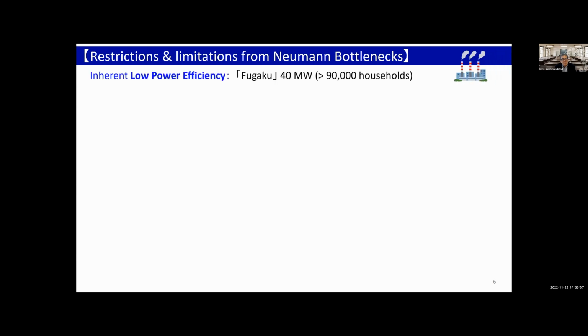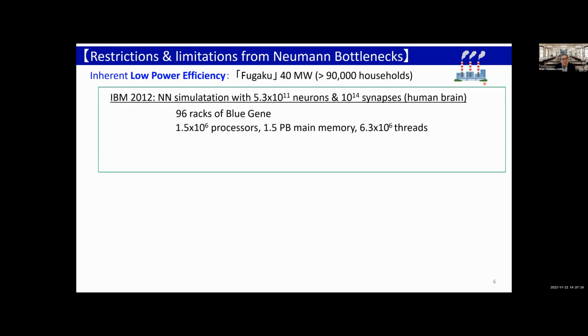The first one is, of course, inherently low power efficiency because of the hardware bottleneck. For example, Fugaku consumes 40 megawatts of power, which is greater than the power consumption of 90,000 households. So we may need some thermal power generation plants. Another example is that IBM researchers made a neural network simulation with this many neurons and this many synapses.